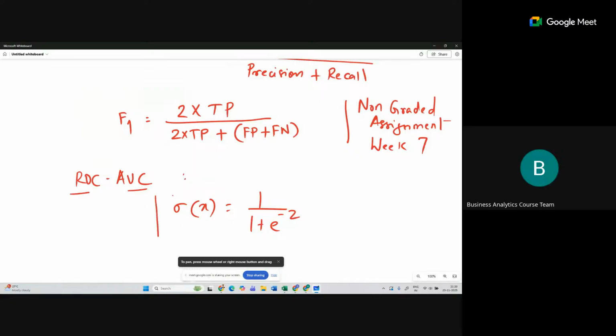If you refer to the previous live session, I solved the sigmoid function, so let us not repeat that now in the interest of time. This is the sigmoid function and it returns a probability between 0 and 1. That is the beauty of the sigmoid function.